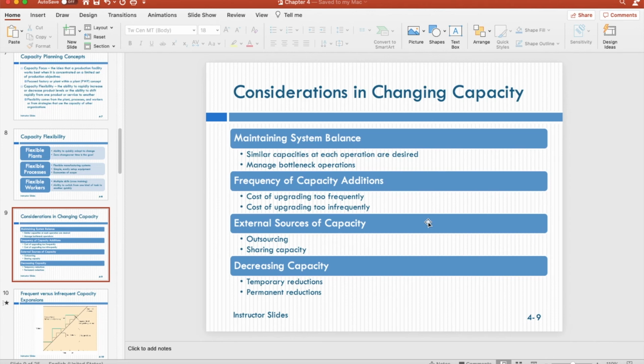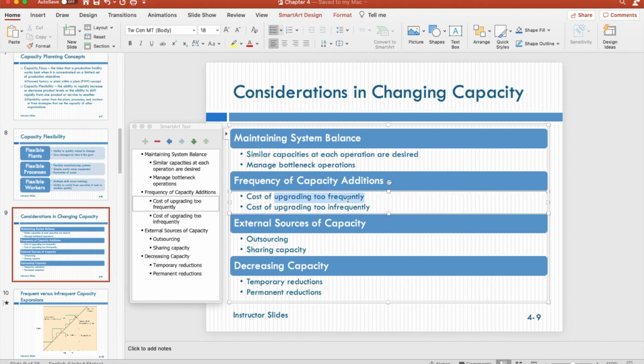But it doesn't mean that upgrading the whole capacity management system more frequently is better. No, that's not the case. Basically, we also need to set up an appropriate level of upgrading.